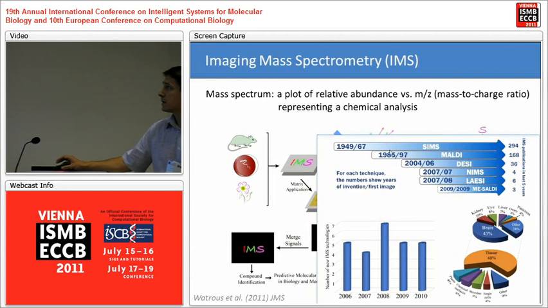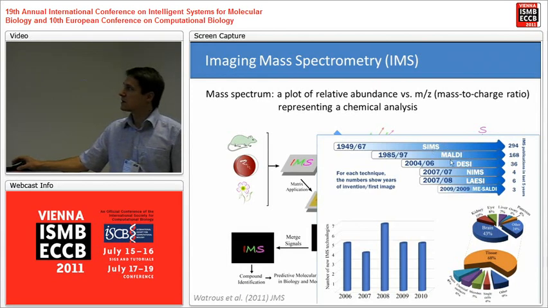There are several types of imaging mass spec now, and the most popular are SIMS and MALDI, invented in these years. And now every year we have several new imaging mass spec technologies. It's mostly used for tissue imaging, but also for plant tissue imaging, chemical surfaces, and even single cells.